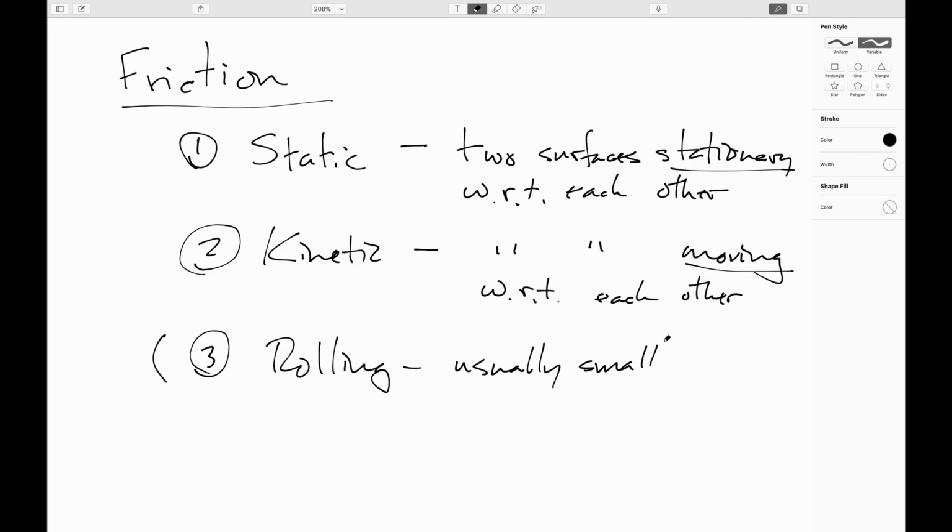It's usually small, so usually you can get away with not making a big deal about it. The only time you might care is, say, if you're designing cars or something like that, then the rolling friction of tires matters. But I don't think that's really worth getting into too much here. I'll have more to say about it later after we explore static and kinetic friction. But mostly not going to be making that big of a deal about it.